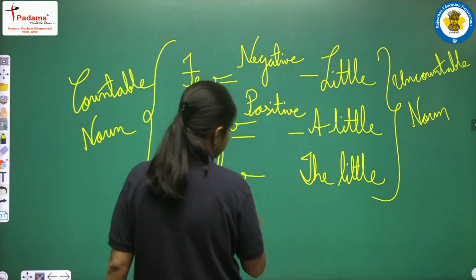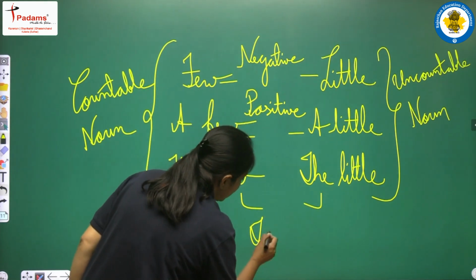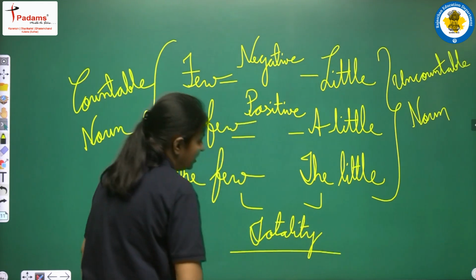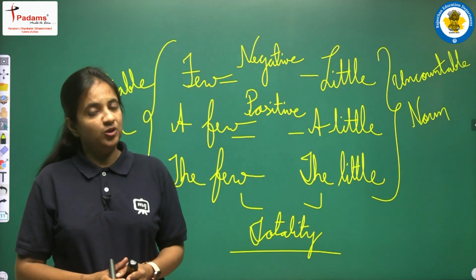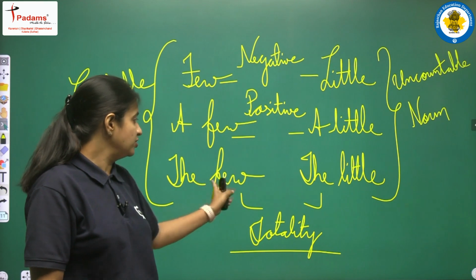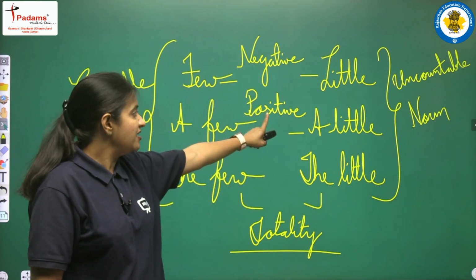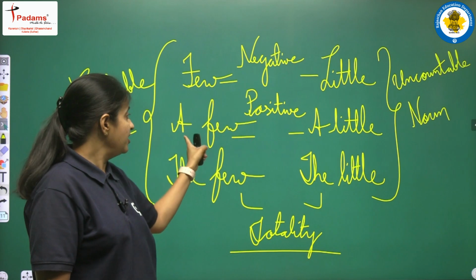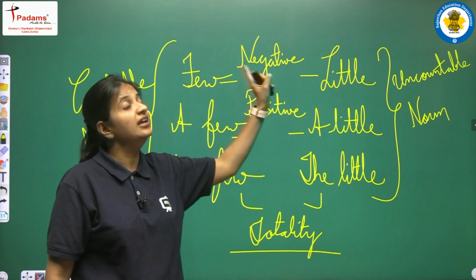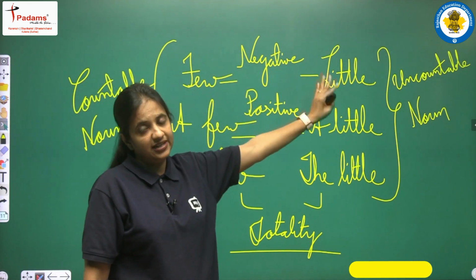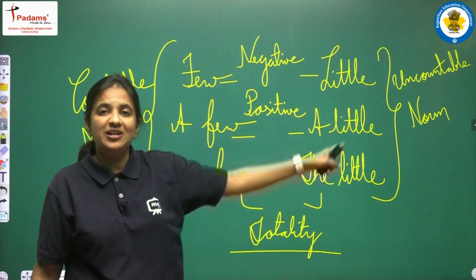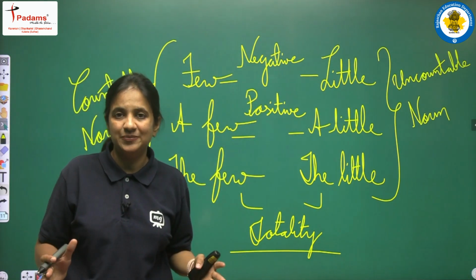Now the few and the little, they both show totality, the total number and the total quantity. So whenever we are trying to show totality, we have to use the few and the little. Whenever we are trying to show a positive number, we use a few or a little. And whenever we are trying to give negative meaning, we use few and little according to the noun, whether the noun is countable or uncountable. So according to that, we have to choose.